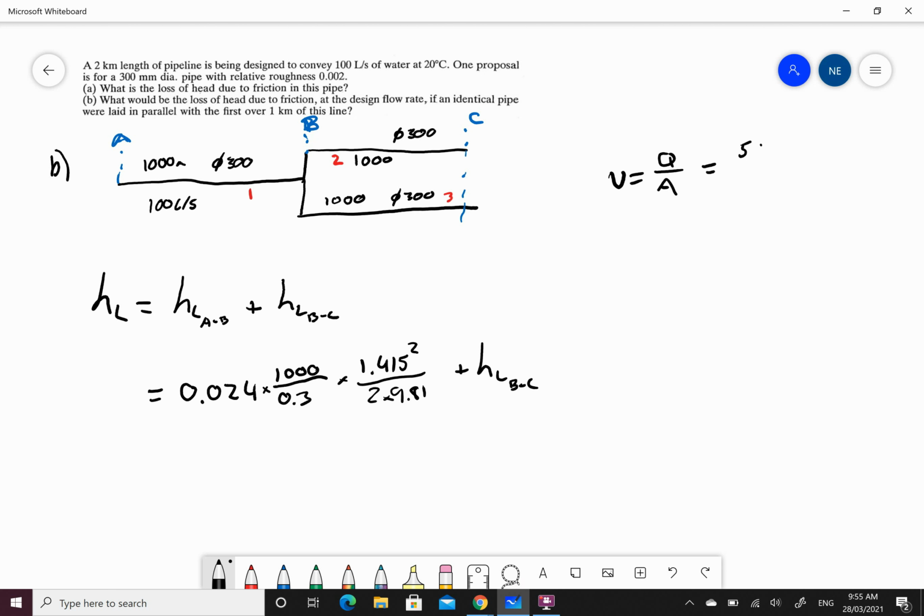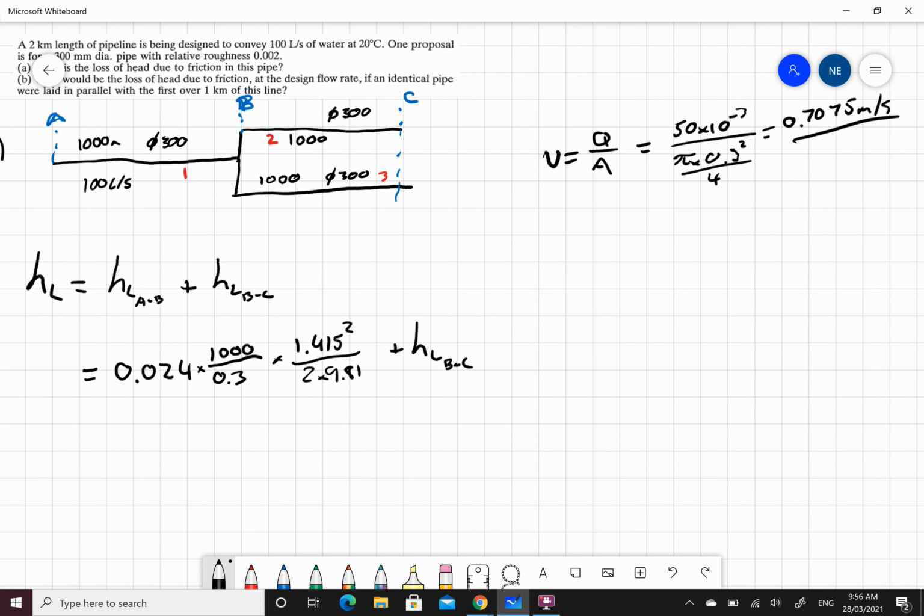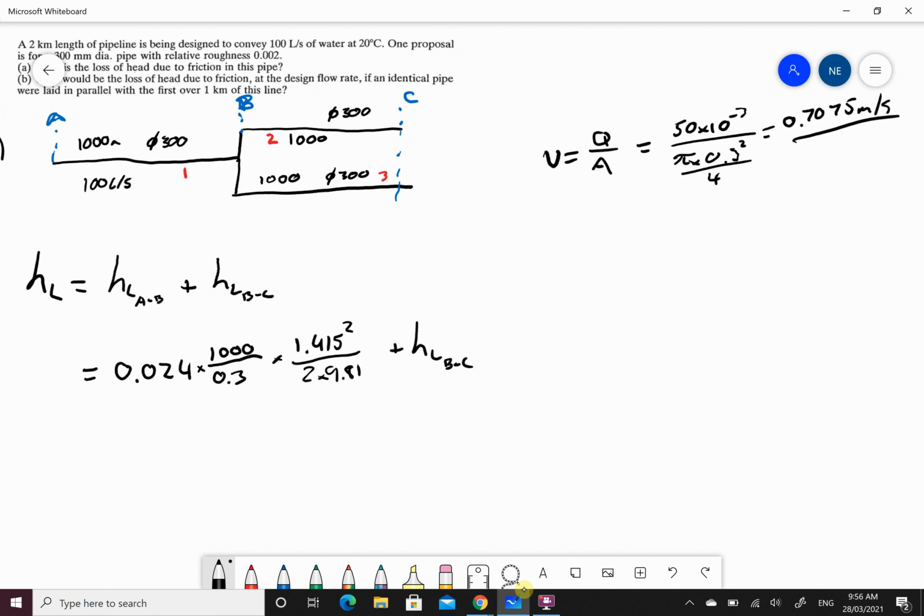So Q is 50 times 10 to the negative 3, all over pi d squared on 4. This equals 0.7075 meters per second, which is simply half of the previous velocity, split in two. Now you can recalculate your Reynolds number.